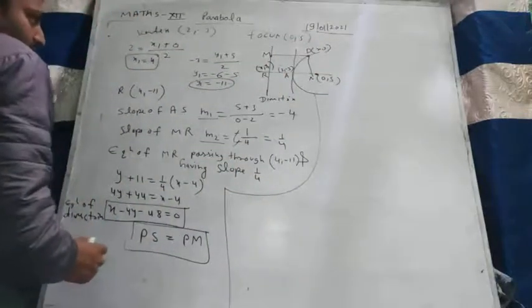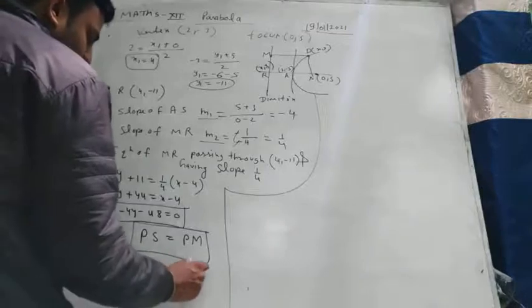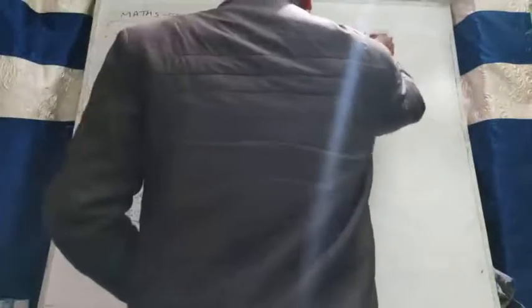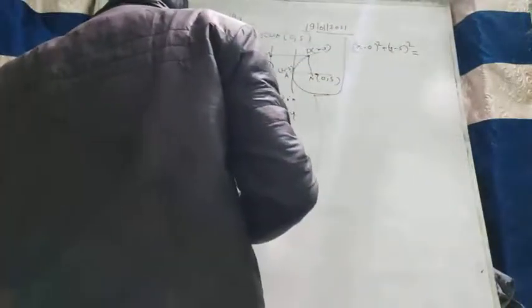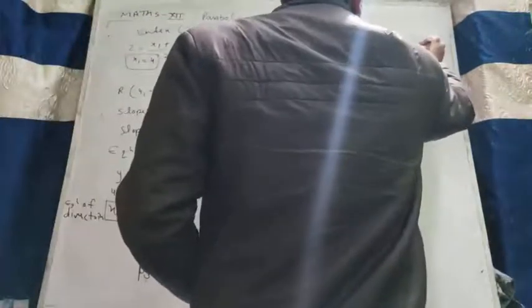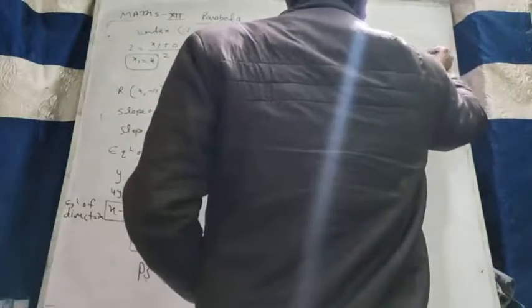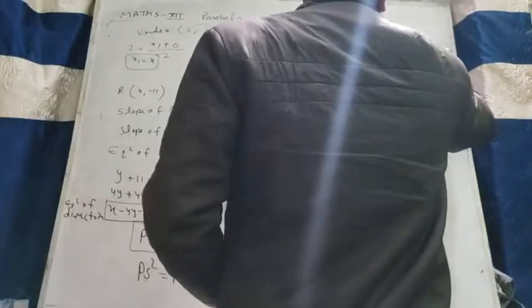When we square this, PS square and PM square, we write PS square is (x minus 0) whole square plus (y minus 5) whole square is equal to PM square, which is (x minus 4y minus 48) divided by under root a square plus b square, and this is (minus 4) whole square.